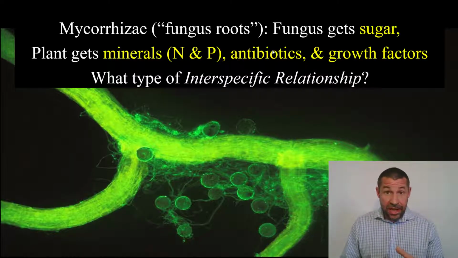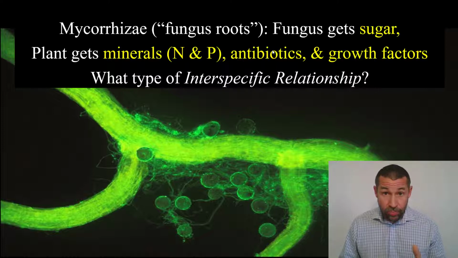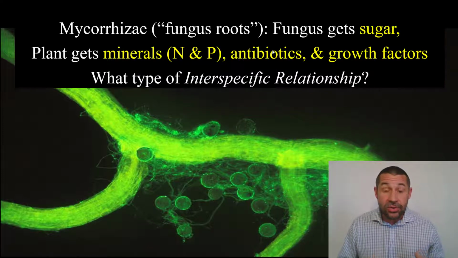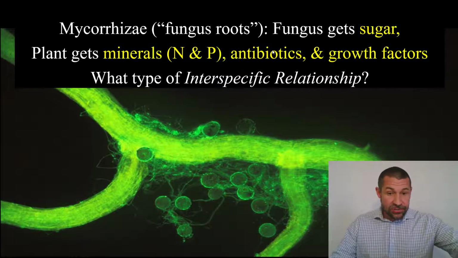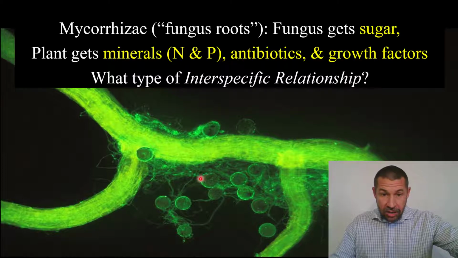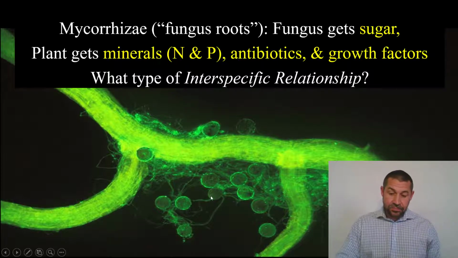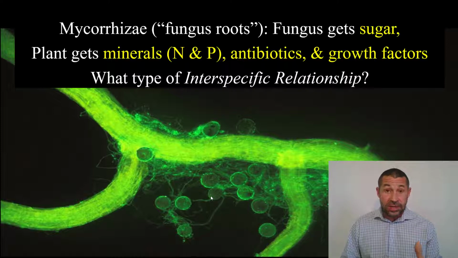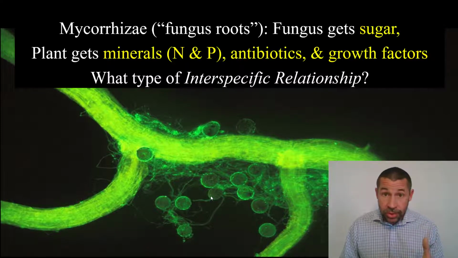Certain species of plants, like the legumes, the beans and alfalfa, long ago entered into a mutualistic relationship with the mycorrhizal fungi. The little spheres that you see in the picture here, those are the mycorrhizal fungus. So the fungus benefits from this relationship. It gets fed glucose produced by photosynthesis in the plant.